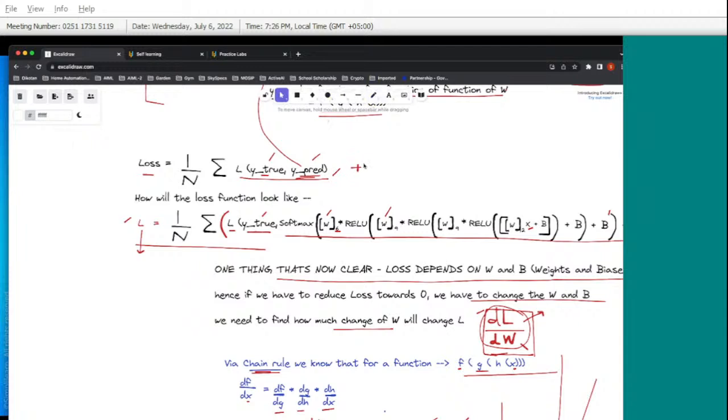Basically, with this particular loss function, you add some regularization function, with an n in front of it.